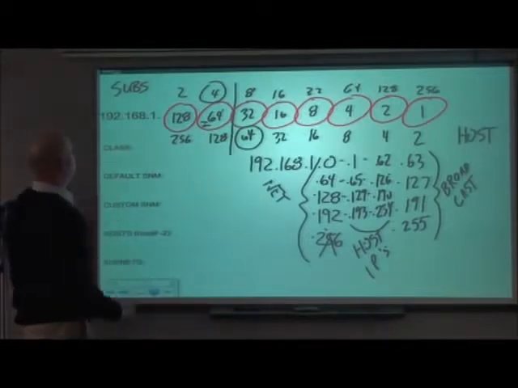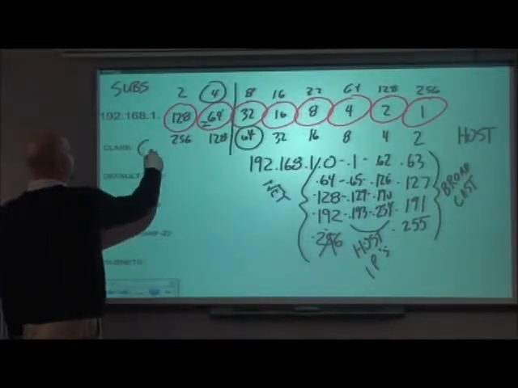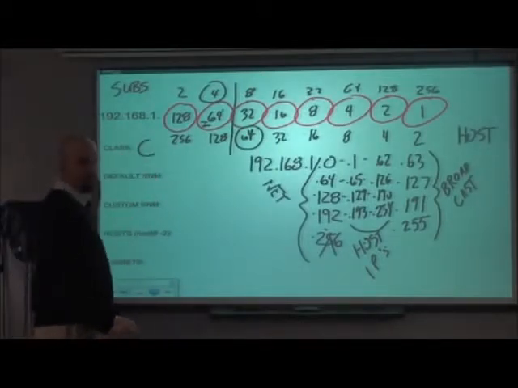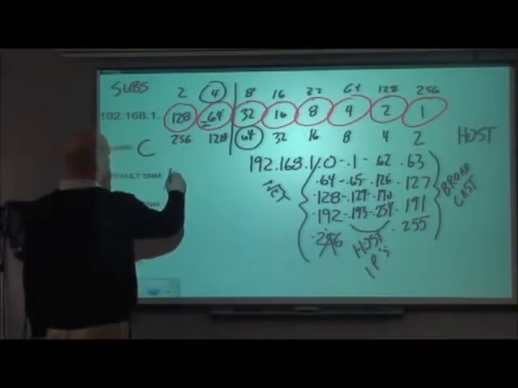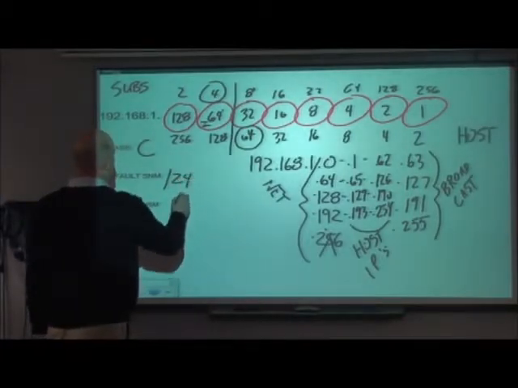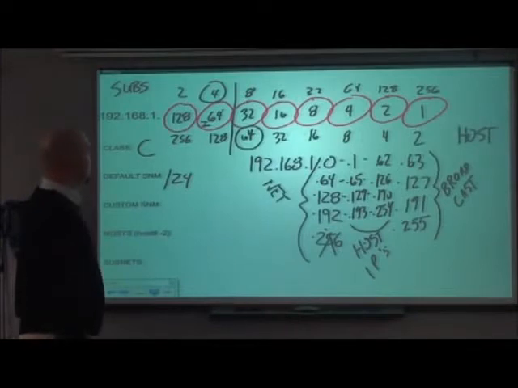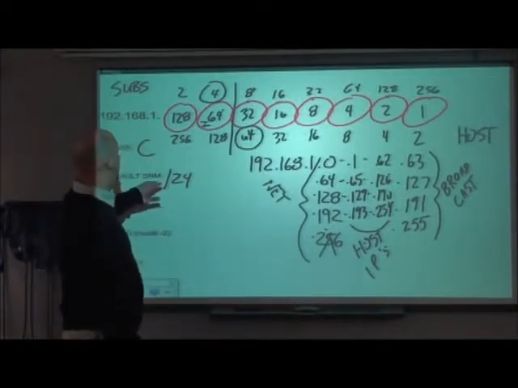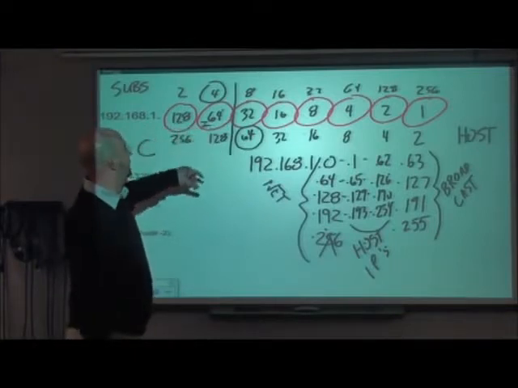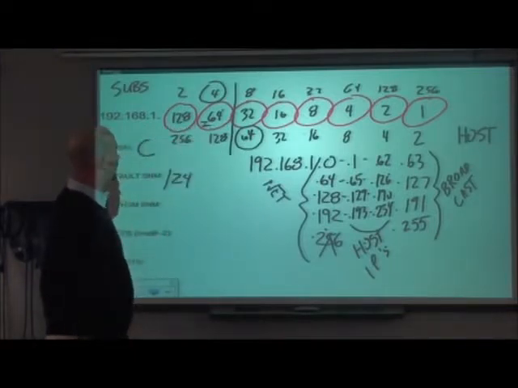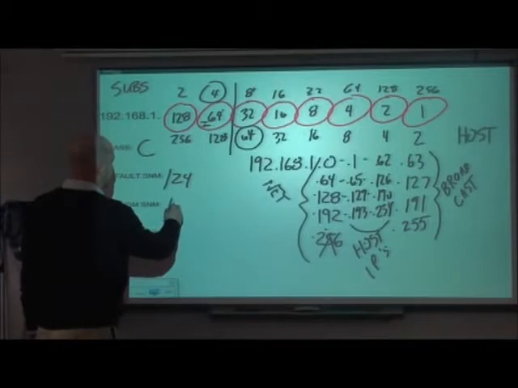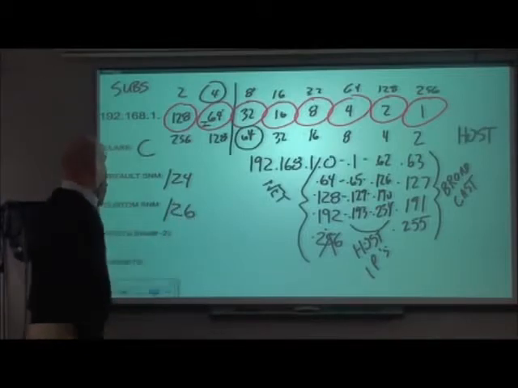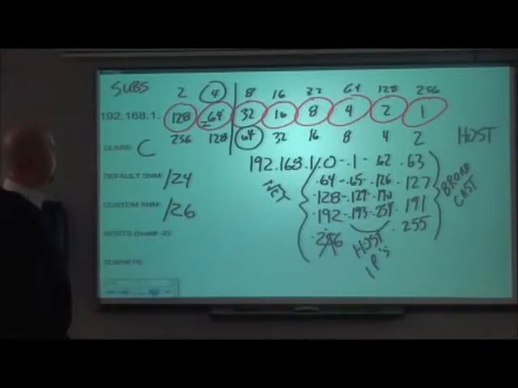Now we can fill in this side of our column. We know that we had a Class C. Our default subnet mask was a /24. Custom subnet mask: we know we started with a /24, so we look here at the bits borrowed. We borrowed 2 bits, so we'll add 2 to 24 and give us our /26, which is our new custom subnet mask.